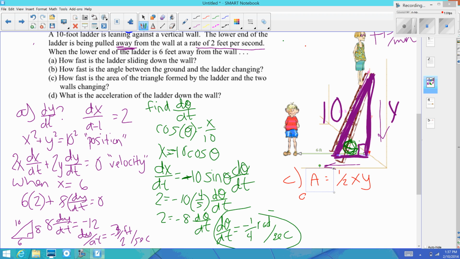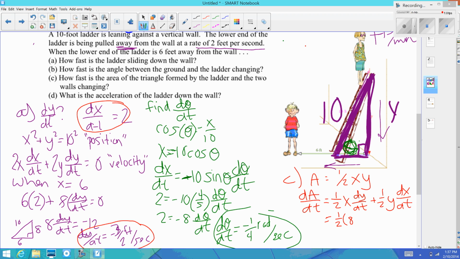So dA dt equals product rule here, plus 1/2 y dx dt. All right, how fast is the area changing at that moment? So we already found dy dt, and we have dx dt. So just plug that in.